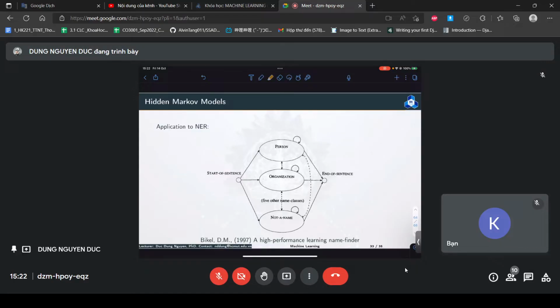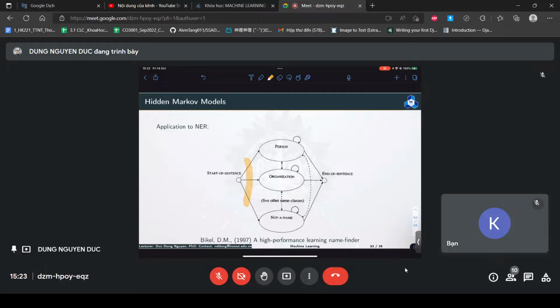So this is the prior. Those probabilities are the prior of the first word you can see. So maybe according to the statistics, in most cases, the very first word you observe is the name of a person. It depends on your data set. I don't know, but you do the statistics and you can get that prior.